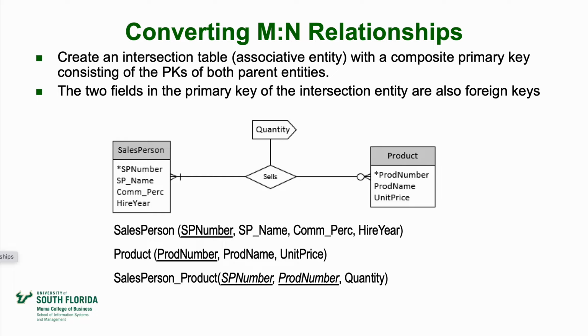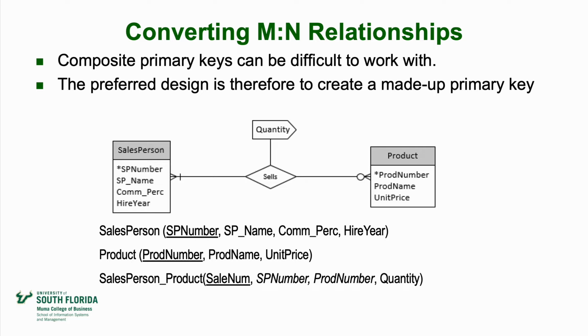So, to convert the many-to-many sales relationship below, we convert the entities as we would normally do, but we introduce a third table, salesperson, product, or whatever you want to call it, whose primary key consists of the primary keys of salesperson and product, and whose other attributes is the intersection data associated with sales. Now, composite primary keys can be difficult to work with, and the preferred design is therefore to create a made-up primary key for the intersection entity, as we did below.